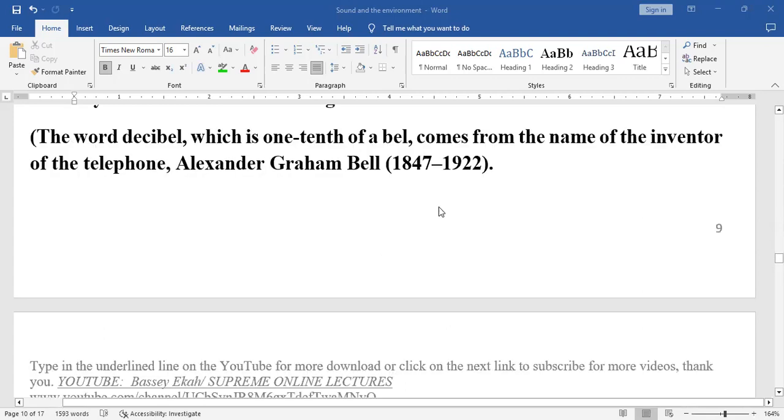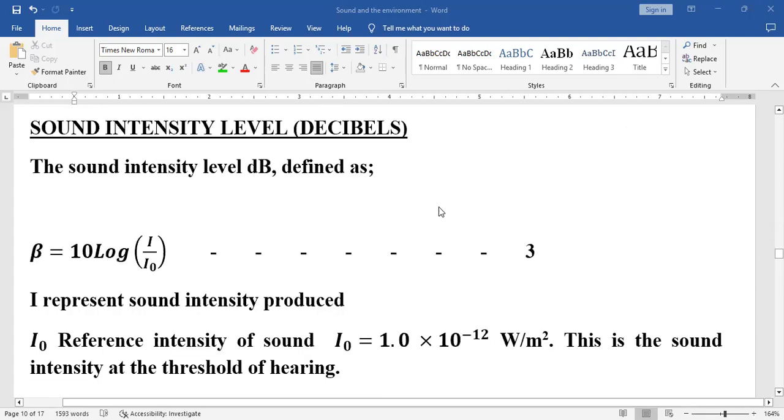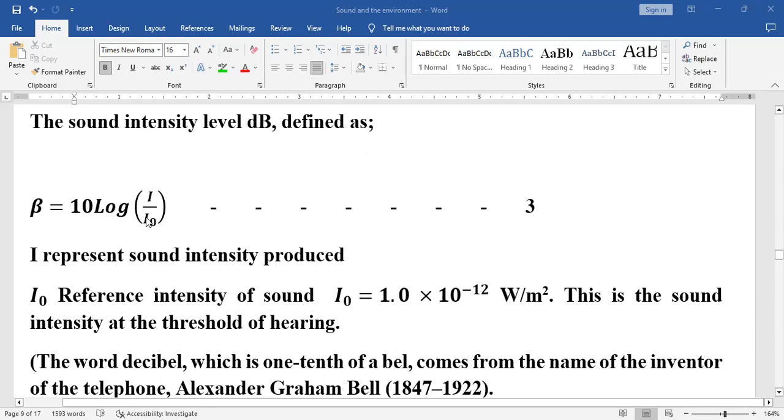Let's go back to equation 3. The sound intensity level is simply 10 multiplied by the log of the ratio of the sound intensity produced to the reference intensity of sound. It is written in the form of an equation.